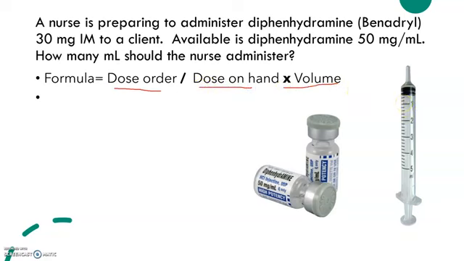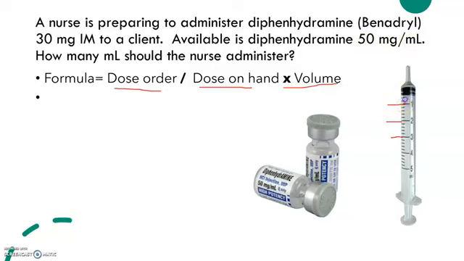So here's a syringe. This is the 1 ml mark, this is the 2 ml mark, here is the 3 ml mark, and here are the 4th and 5th. Now, this question says that in 1 ml, there are 50 milligrams.